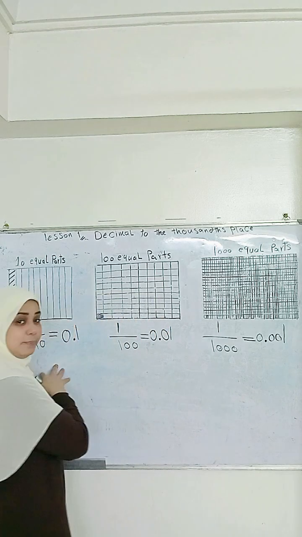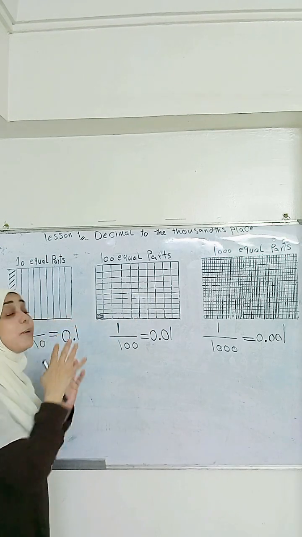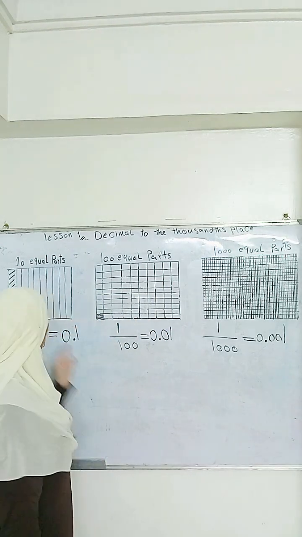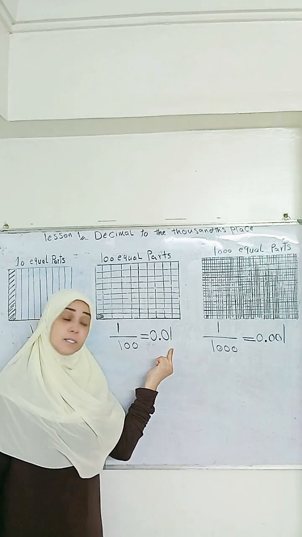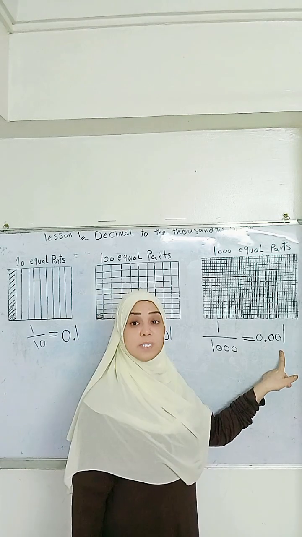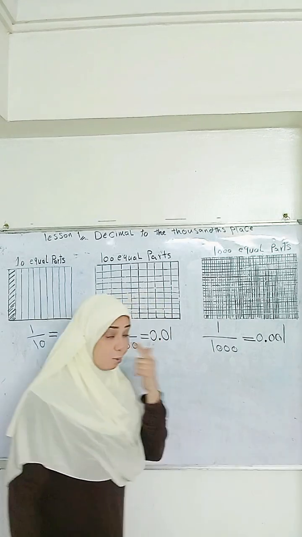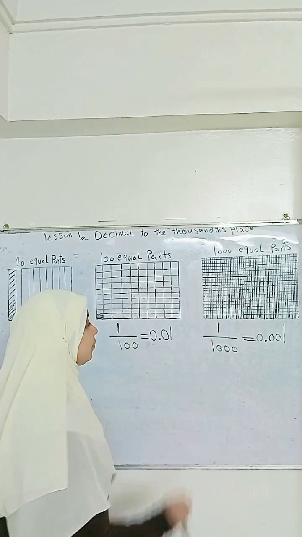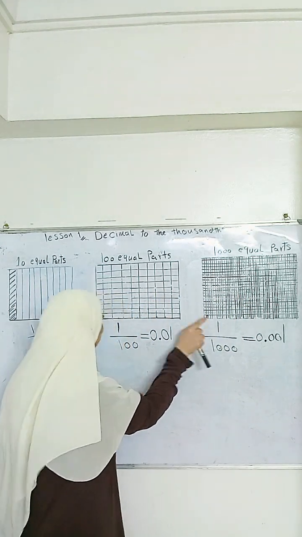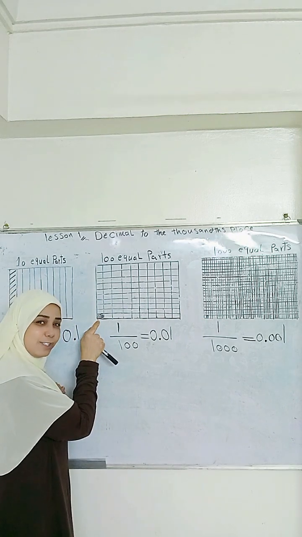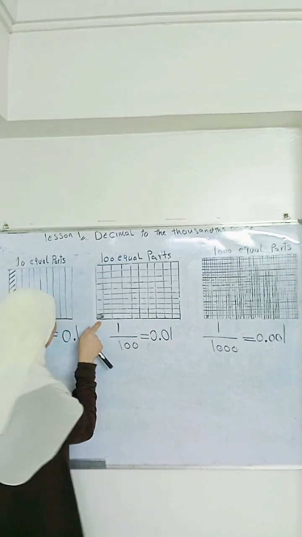Look at these. Which is the greatest part: 1/10, 1/100, or 1/1,000? Look at the models. This is 1/1,000. See? It's too small. This is 1/100. It's small.